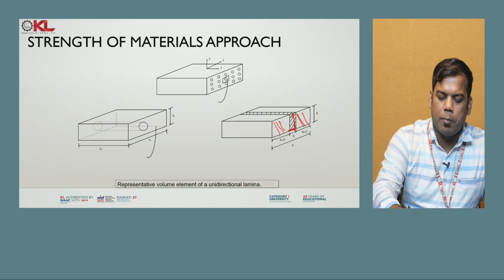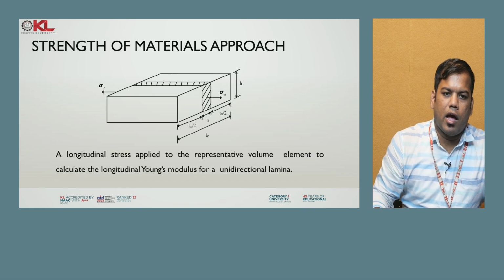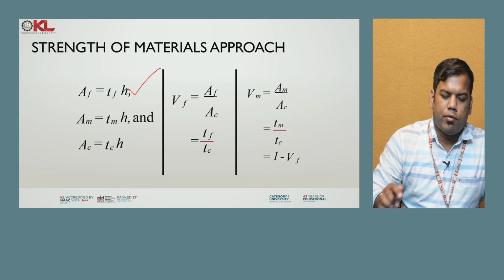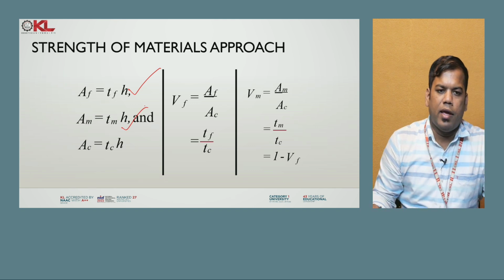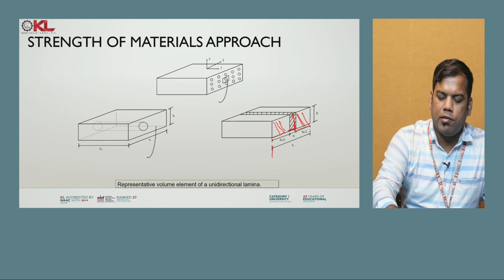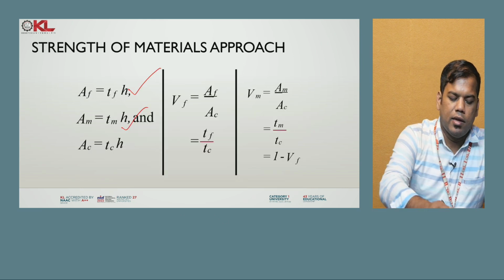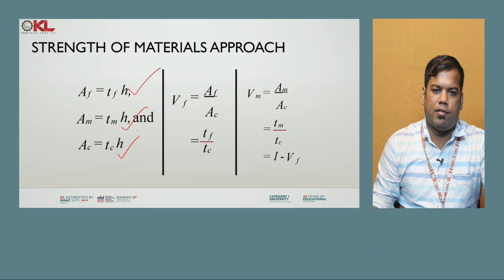Tm by 2, Tm by 2, so Tm multiplied by h. So the area of the matrix will be Tm into h. If we consider the total thickness of the composite as Tc, then the area of the composite will be Tc into h.